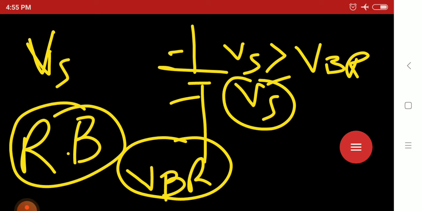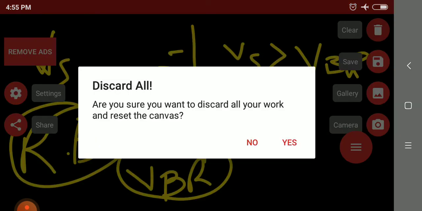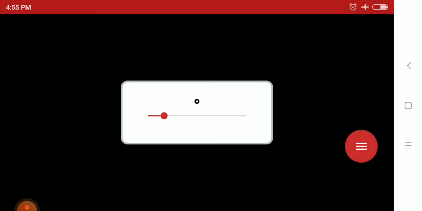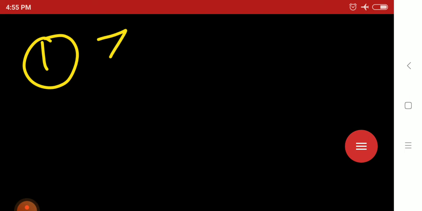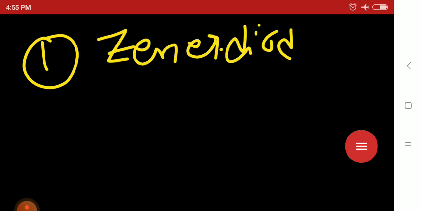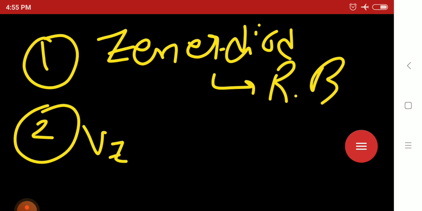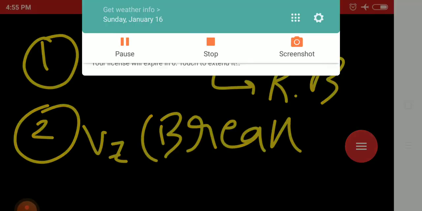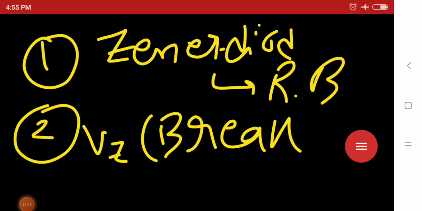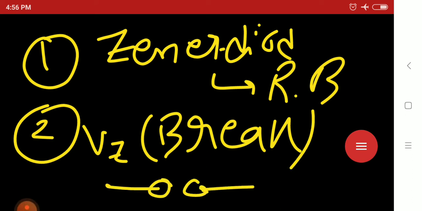So what we get from this discussion is, number one, the Zener diode acts in reverse bias. Number two, up to VZ, the breakdown voltage, it acts in reverse bias as a broken wire.